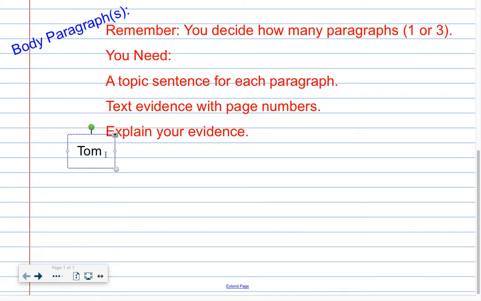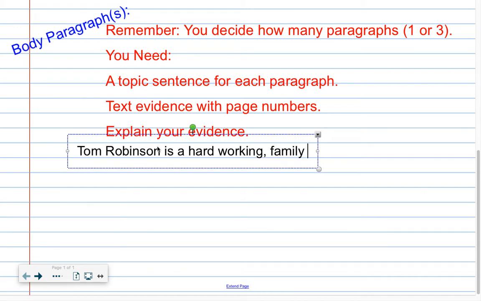So I could start off my topic sentence, right? This is what I need, a topic sentence for each paragraph. So Tom Robinson is a hardworking family man. That's a topic sentence. Now I need to provide the evidence to support that, right?